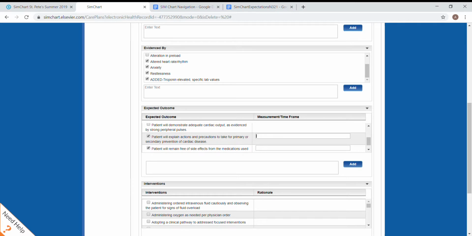Now, patient will explain actions and precautions to take for primary and secondary prevention of cardiac disease. This is kind of vague, so a measurable and timed goal is something more specific.